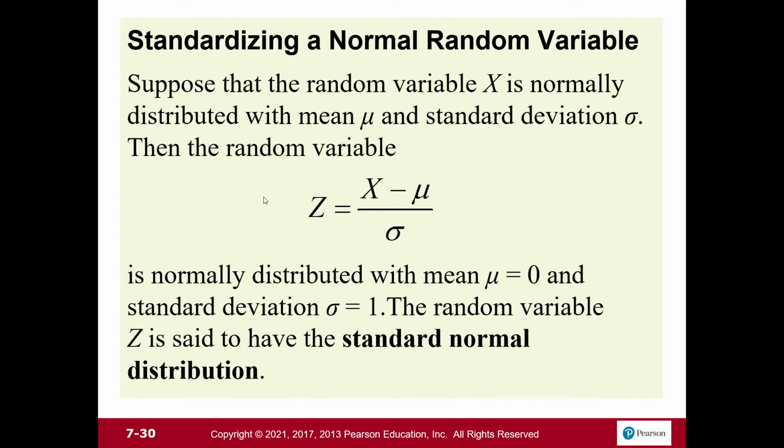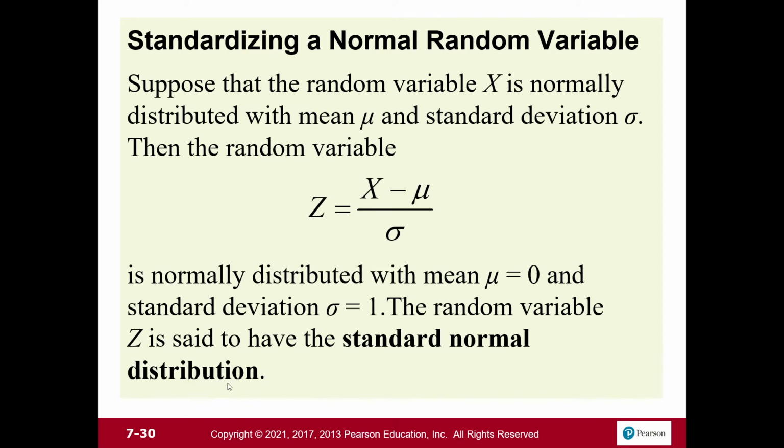The mean should be 0, and the standard deviation is 1 in a standard normal distribution.